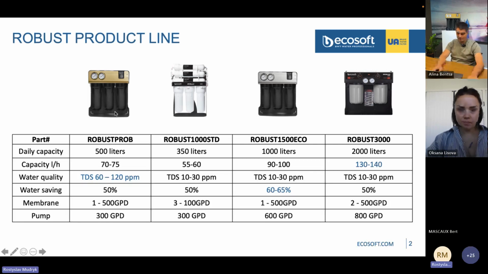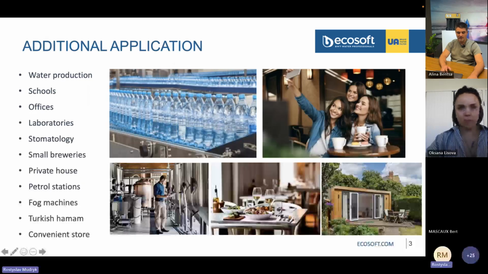So this is basically what I wanted to tell you about the Robust. And as we have agreed that today we would not talk about cafes and restaurants, these are the applications that we have now, and now we can talk about what is special about this kind of application for Robust units.